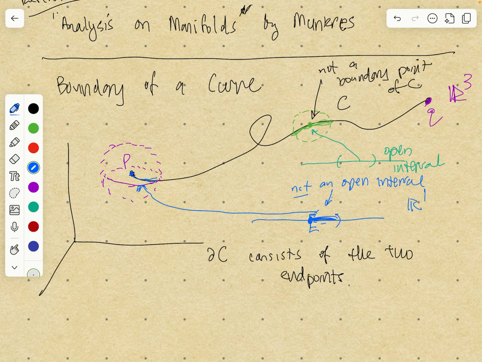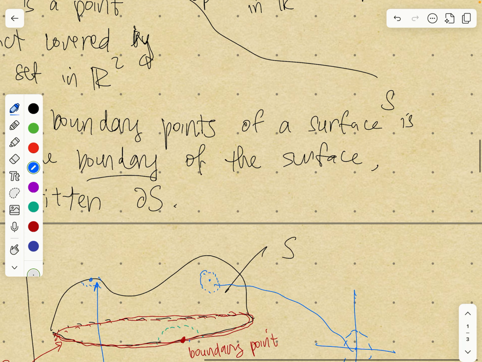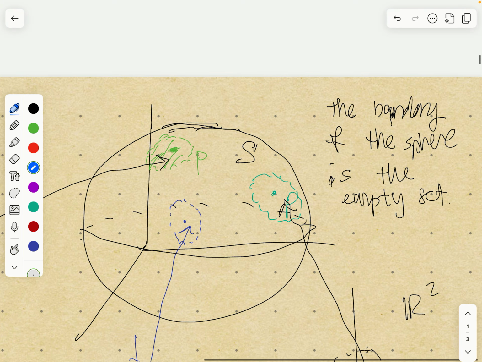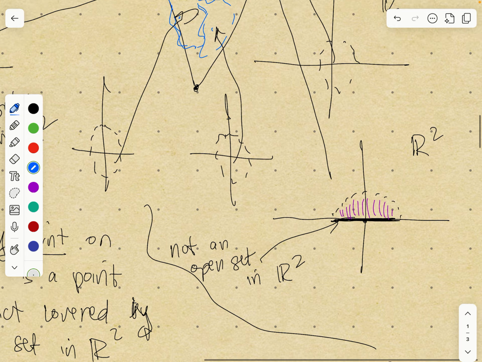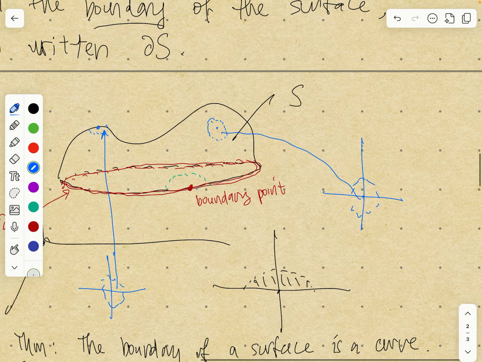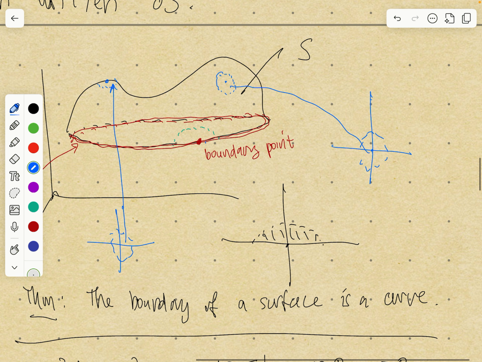Okay, I hope this helps you understand what is meant by the boundary of a surface or the boundary of a curve. Again, not all surfaces have a boundary. Like this sphere does not have a boundary, but things like this cone have a boundary, and what makes something a boundary point is that when you look at the points in the immediate vicinity, basically it does not look like an open set in R2.